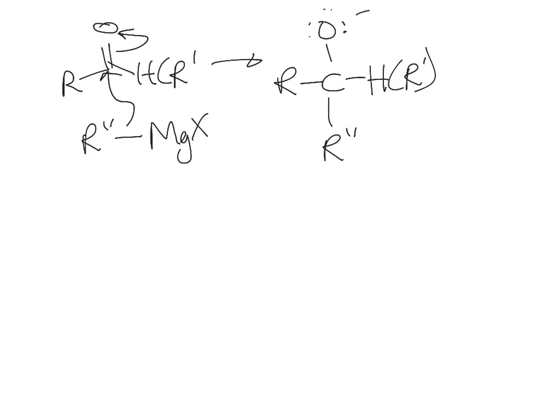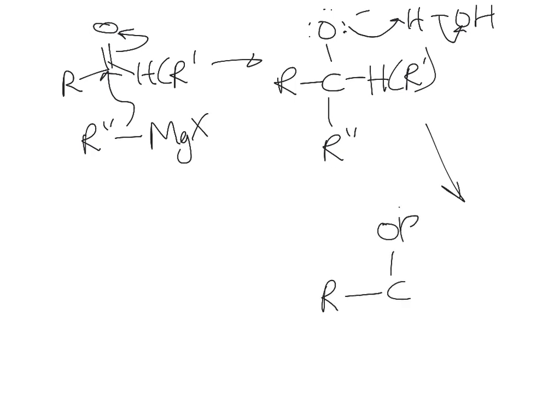There you have your O minus, and now you can add your water in the second step, and those electrons will deprotonate the water. You end up with an alcohol. That's an H, and you've got a new carbon-carbon bond. So it adds one new R group.